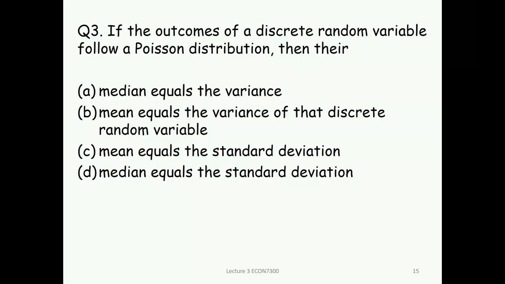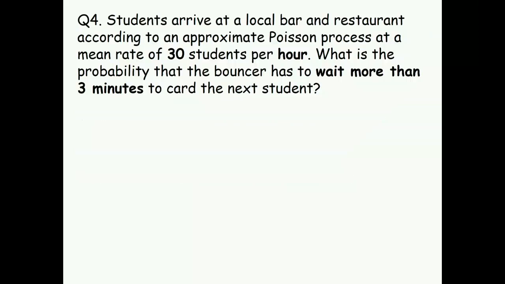If you go to your lecture notes, you will find it under Poisson. These kinds of things could come in your true-false questions. So the mean equals the variance, not the standard deviation. Median, we didn't mention median at all, so you could exclude A and D. At least you would be left with B and C because we were talking about the mean, mu.